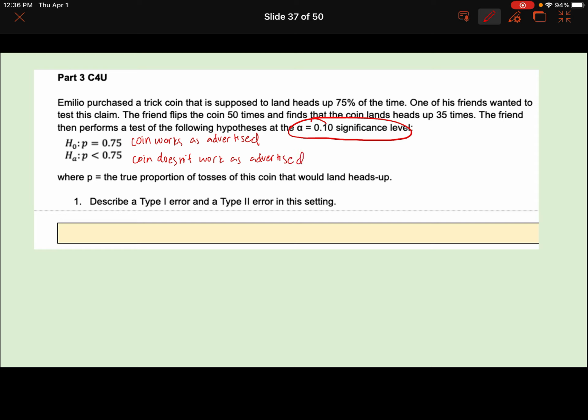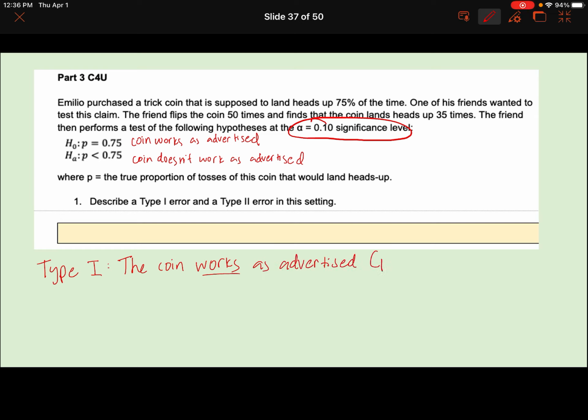All right, so first thing is just to go through what the two types of errors would be here. For a type 1 error, and look back at your notes, that is where the null hypothesis is true, but we rejected it. So what that would mean here is that the coin does work as advertised.